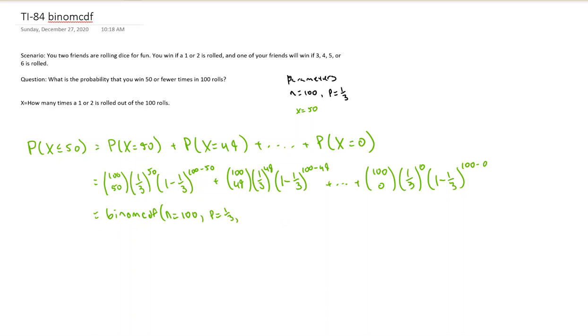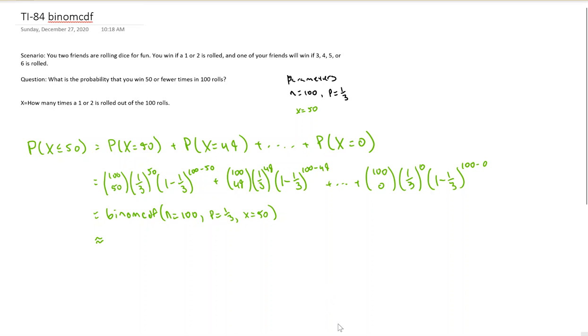So the probability of success on each trial is 1/3. And our little x value is being 50 here. So you need to write those values in if you want to receive credit on the AP exam.